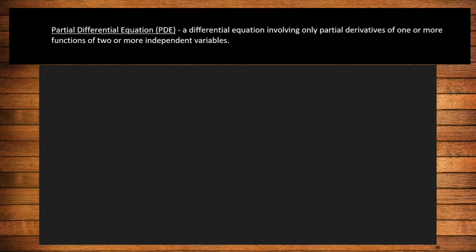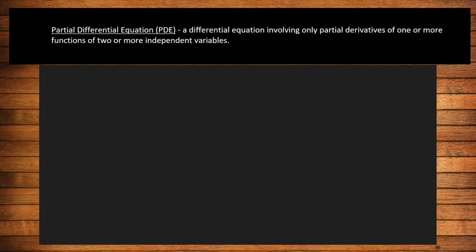So for the second type, partial differential equation is a differential equation involving only partial derivatives of one or more functions of two or more independent variables. Okay, so dalawa or mas marami pa yung independent variables natin.